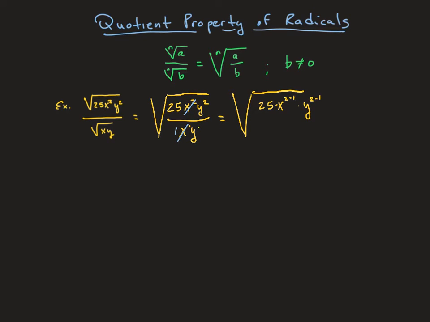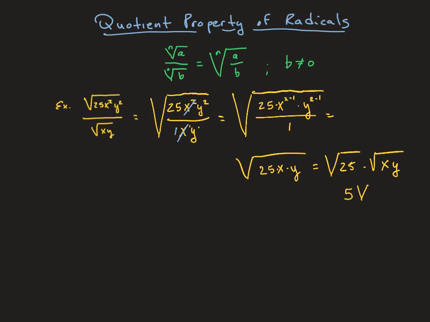Because those are exponents of 1. All of that over 1. So then we end up with the square root of 25xy. So when we simplify that, again, we rewrite it as the square root of 25 times the square root of xy. And I know that the square root of 25 is 5, so we end up simplifying that down to 5 square root of xy.